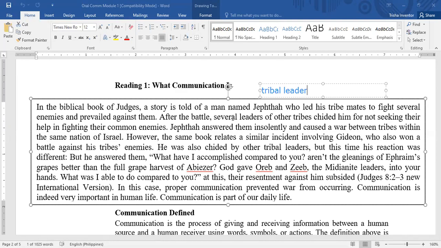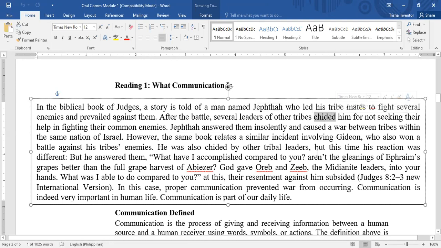After the battle, several leaders of other tribes chided him for not seeking their help in fighting their common enemies. When we say chided, that means gikasab-an. Kumbaga, in our language, gikasab-an or giyaw-yawan, something like that.